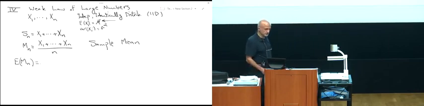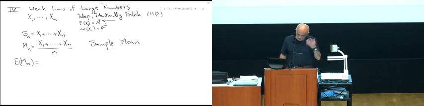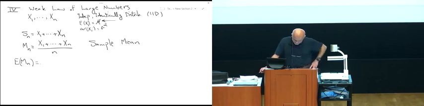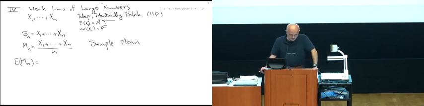Let's see how good an instructor you had who at some point talked about some property or other of expectation. How would you figure this out? N is fixed. You've picked the number of trials. N is a small letter n. It's not a random variable. So how would you do it?